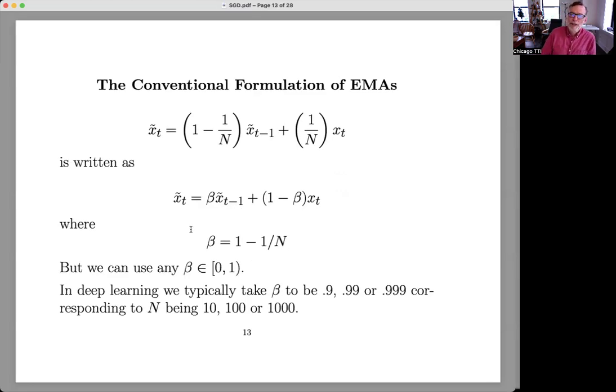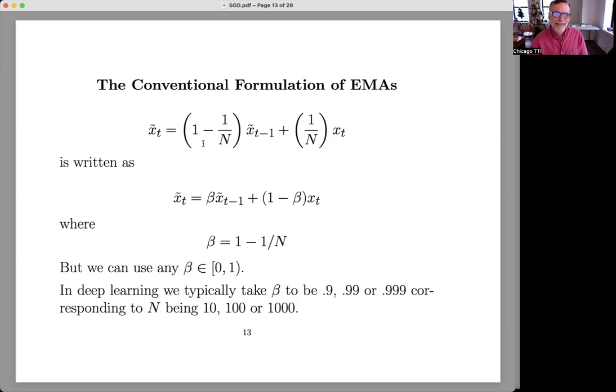Now, there's a conventional way of parameterizing exponential moving averages, which is to use a beta parameter, different from a temperature parameter, a beta parameter instead of the n parameter. So exponential moving averages are typically written as defining this exponential moving average sequence as being multiplied by beta less than 1, and then adding 1 minus beta times the new value.